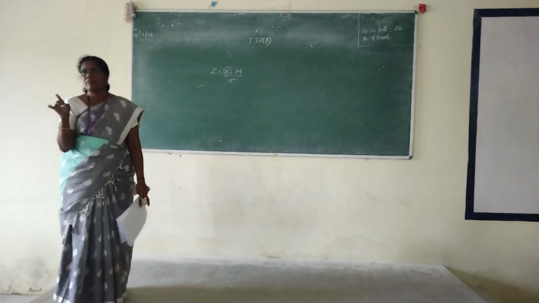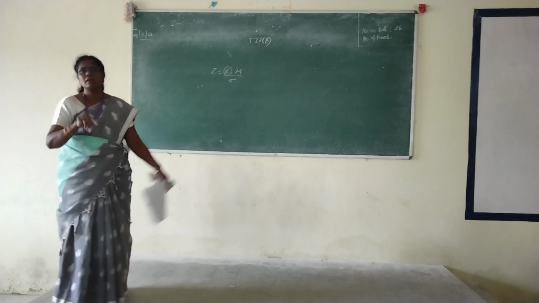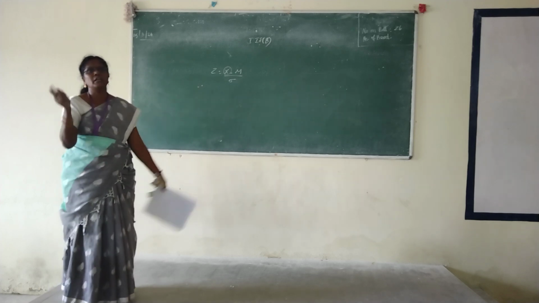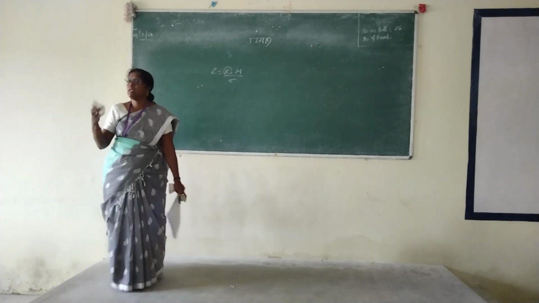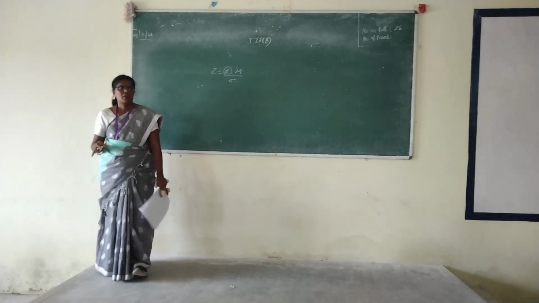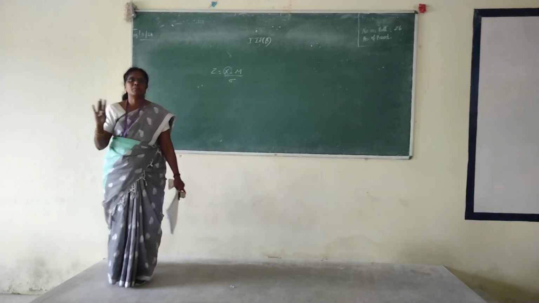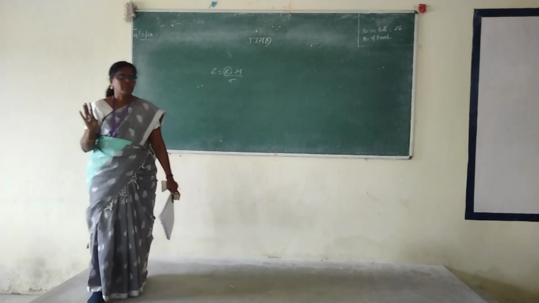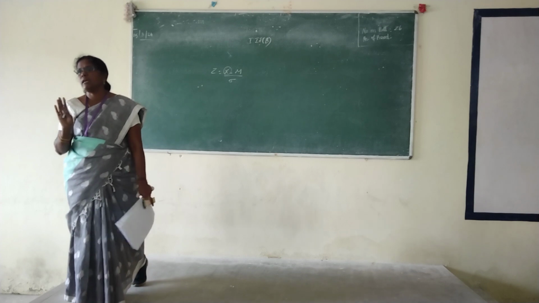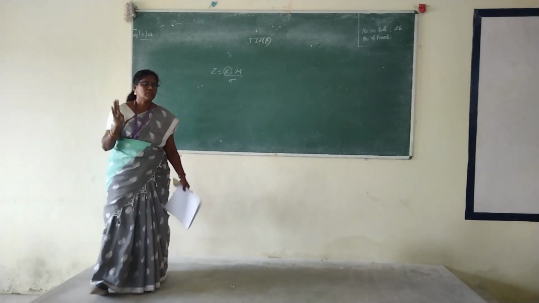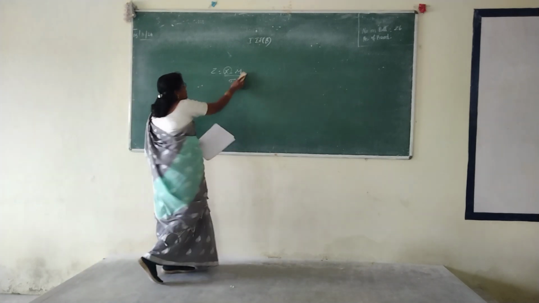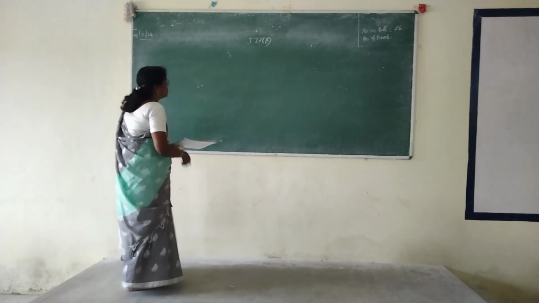Using that area value, you have to find the corresponding Z. Substitute in this formula, and you will get two simultaneous equations. You have to solve them and find the mean and standard deviation. Everything depends only on the normal curve that you are going to draw. It is fully based on your understanding of how you are going to fix the values. So start the solution. Draw your normal curve.